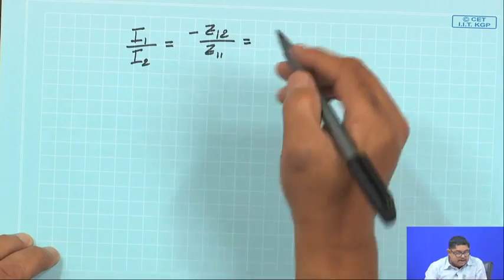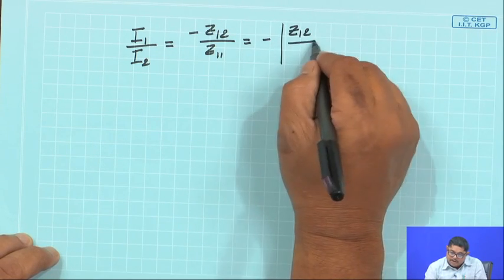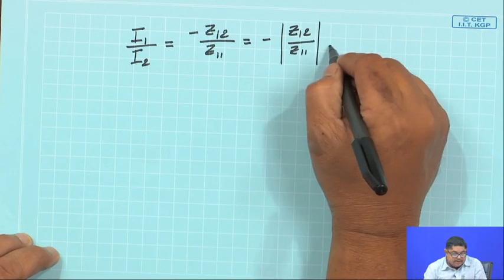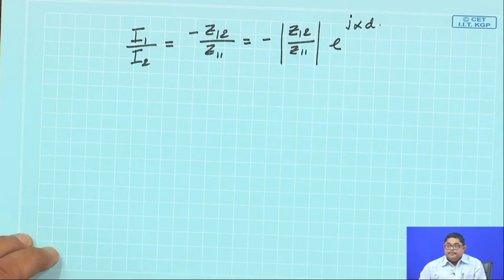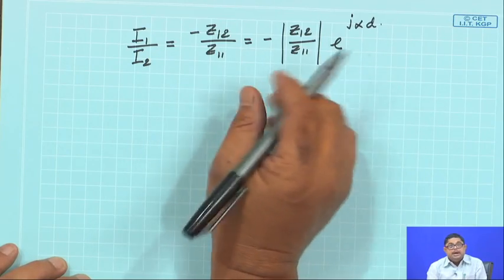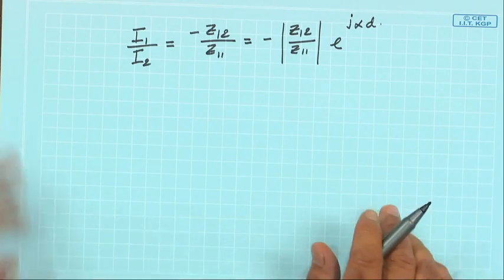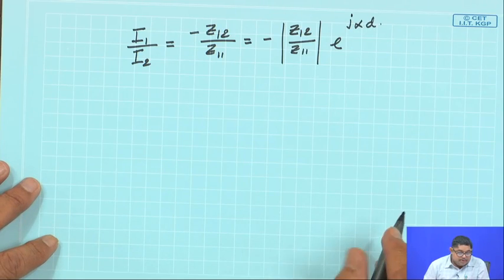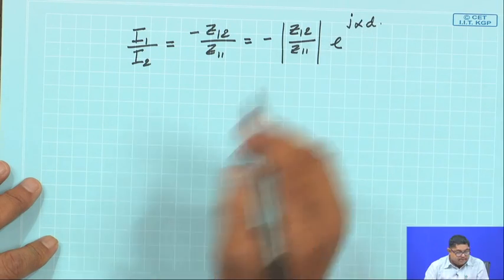Now, this I can write as minus a magnitude part and some phase part, because this is basically the mutual impedance. Obviously, this will depend on the separation of the two, because the mutual impedance depends on the separation. That is why I have taken a proportionality constant alpha. So this is the phase of this ratio.